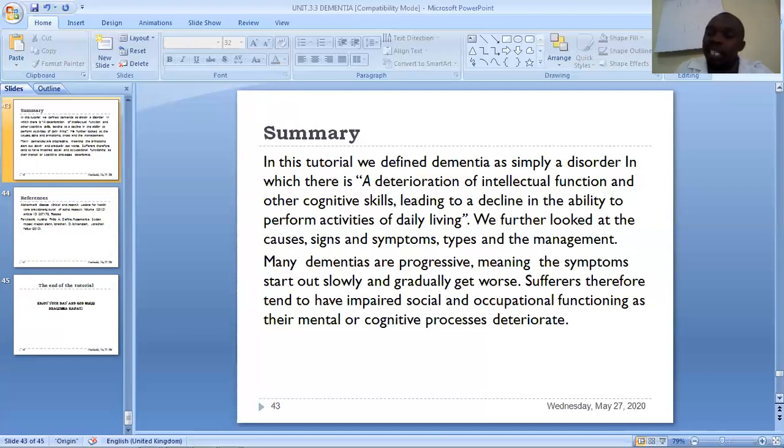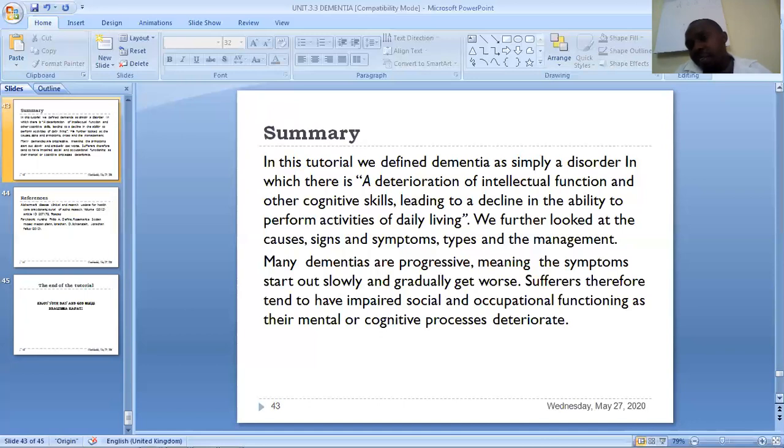We looked at the investigations that can be done. We say the history is very cardinal. History taking might reveal forgetfulness. You can also get history from the relatives, especially those that have been living with the patient for some time. At least they'll be able to tell you when the changes began to take place. You can also do a mental state examination.